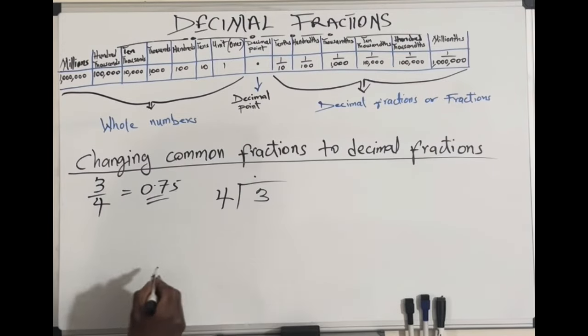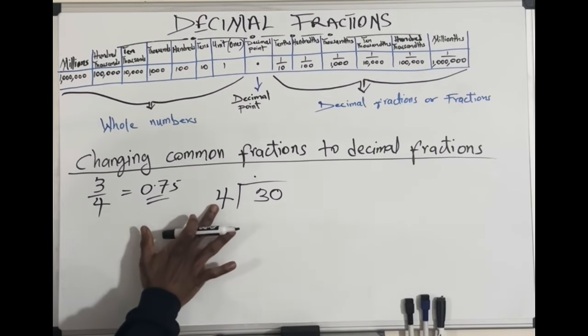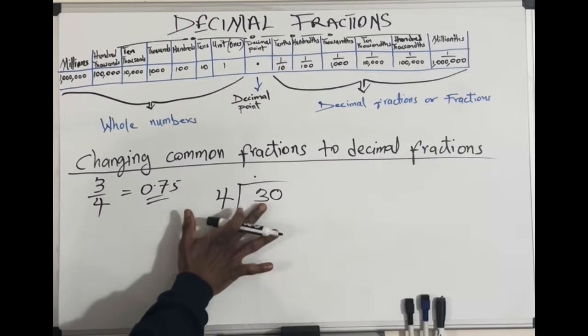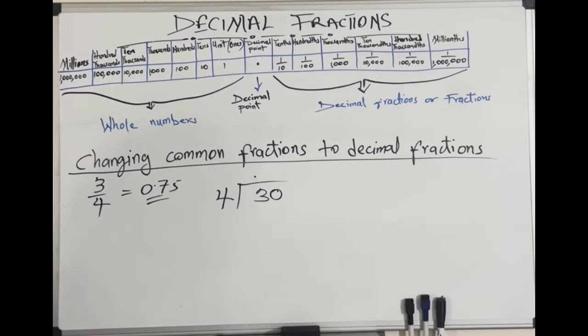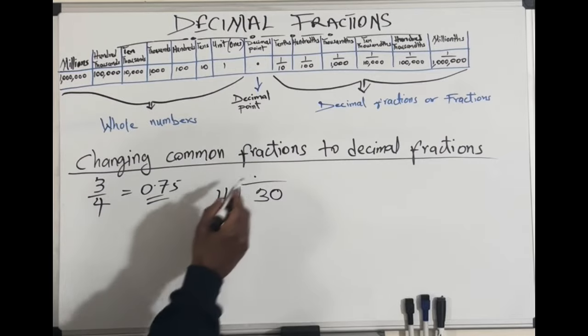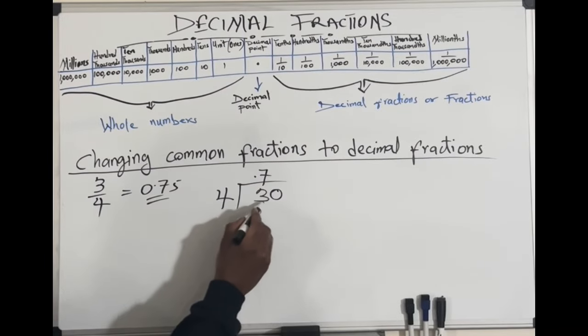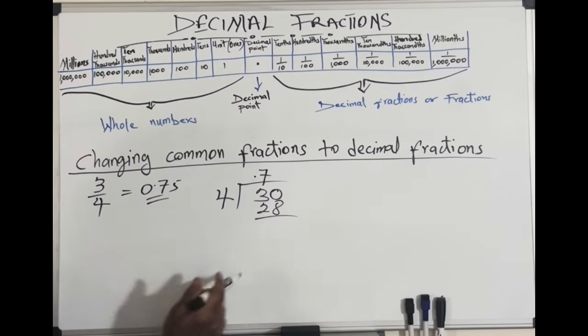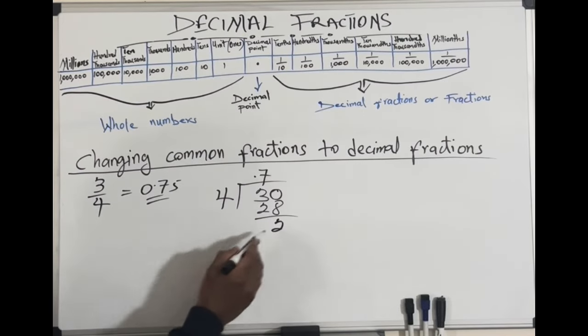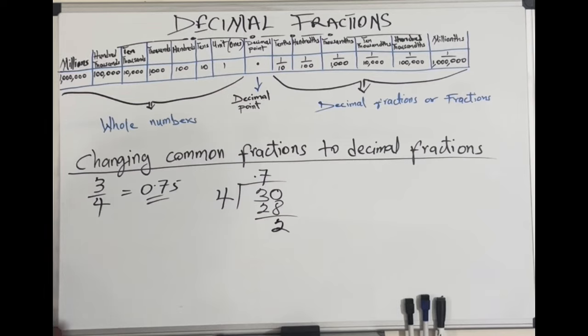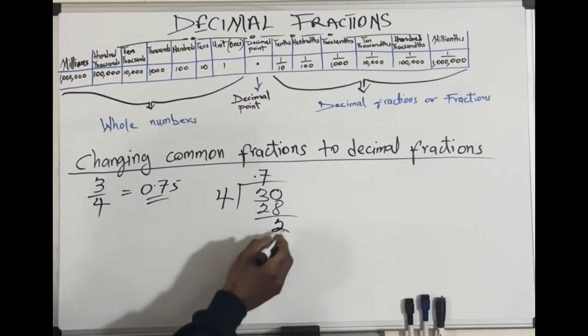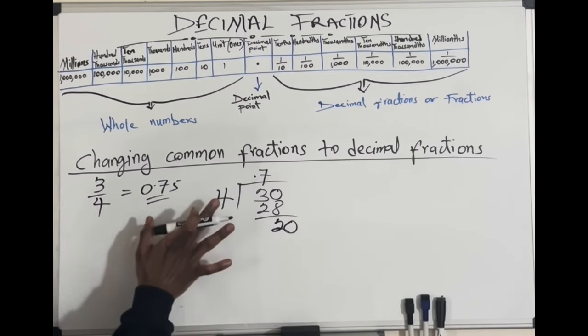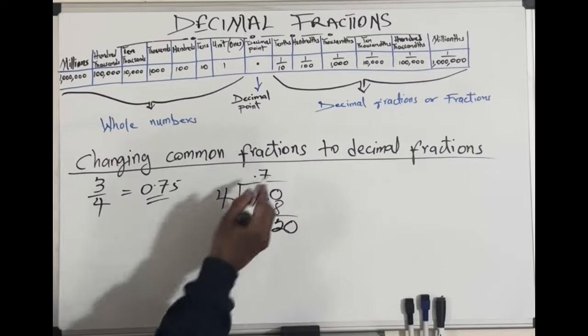A point and then add a 0 to it. So 4 times what number will give us 30 or close to 30. 4, 7, 28. So 28. When we subtract 28 from 30, we get 2. And we still have to clear everything. So we just have to add 0. Then 4 times what number will give us 25.